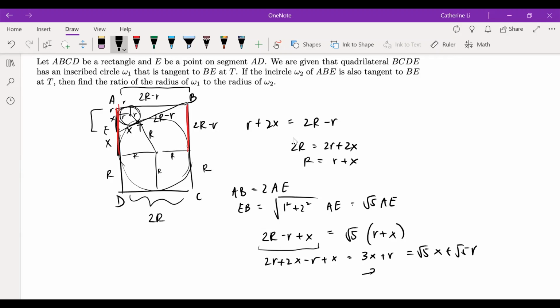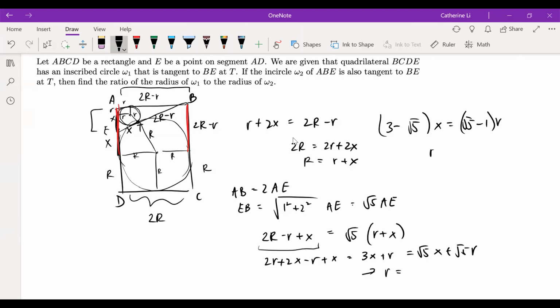And then solving, we're going to get that r equals, what does r equal? If I can't remember, I will just do it. It's fine. So that means that the ratio of r and x is going to be 3 minus root 5x is root 5 minus 1r.